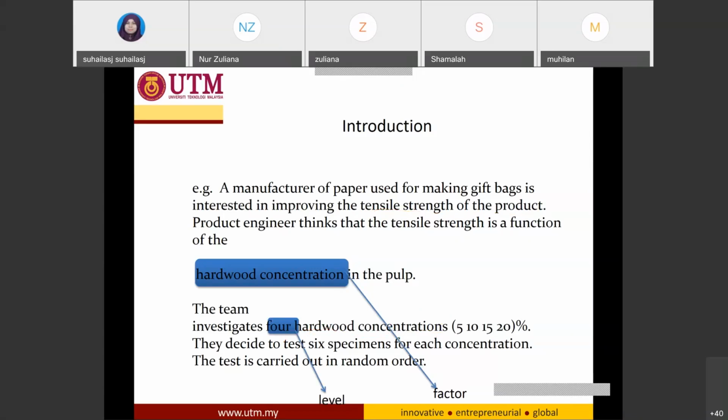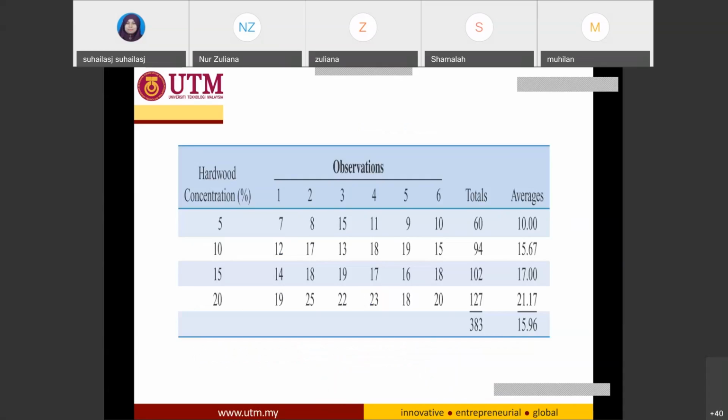So this is called the level. We have 4 levels. In this case, the hardwood concentration is the factor, and we have 4 concentrations: 5, 10, 15, 20%. That is the level. Then they decide to test 6 specimens for each concentration. That means under each concentration, 5%, 10%, we take 6 observations.